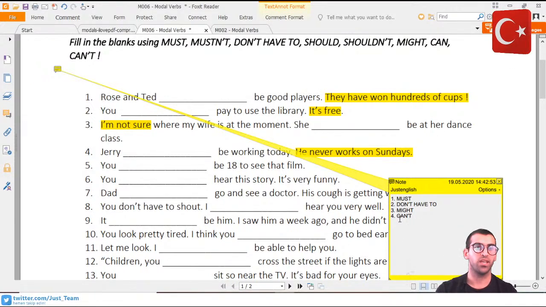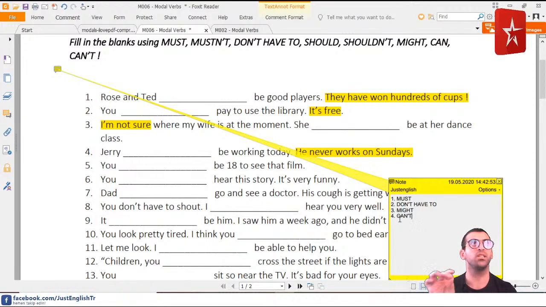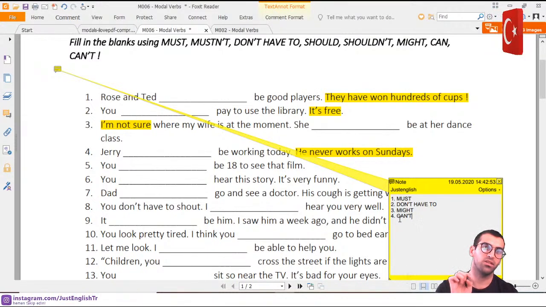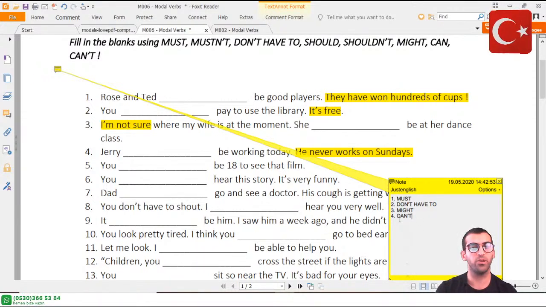Gamze says have to. If there is a strict rule, ciddi kural, like a serious rule, you must be 18 to see that film. Yes, must is a correct modal verb for number 5, not don't have to.